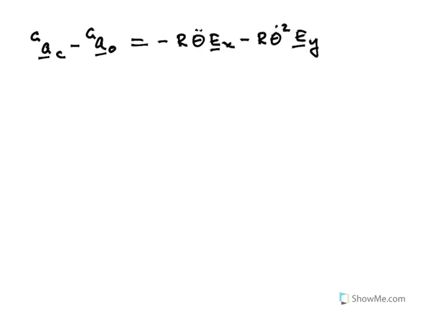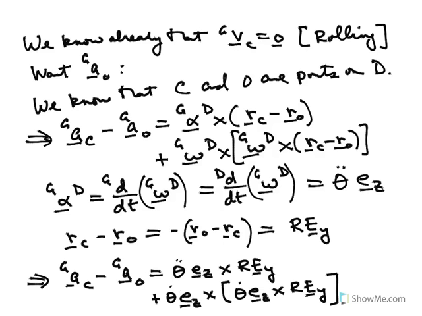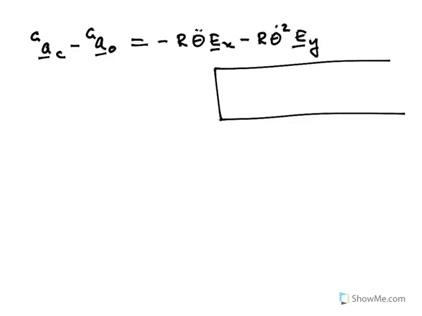Now, if you want to see that step perhaps in a little bit more detail, we can put this in the following aside here, and we can show it just to make it clear. We've got theta dot EZ crossed with theta dot EZ crossed with R EY, which is equal to theta dot EZ crossed with EY is minus EX.